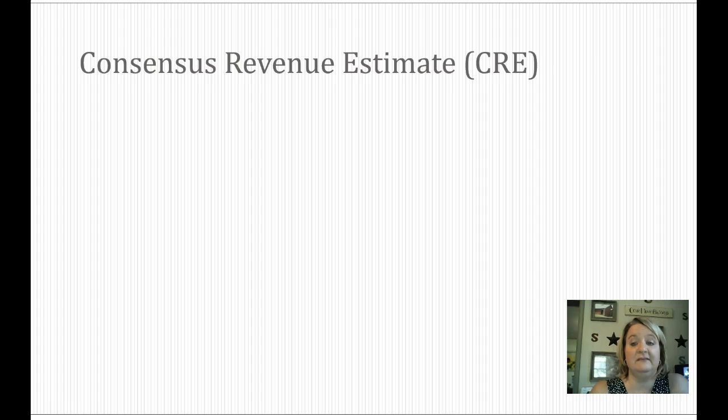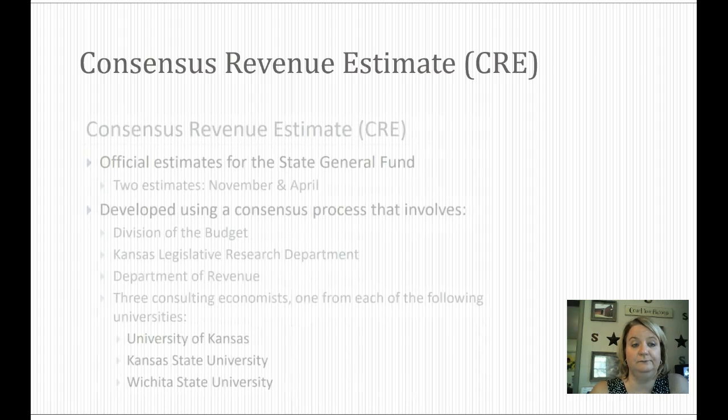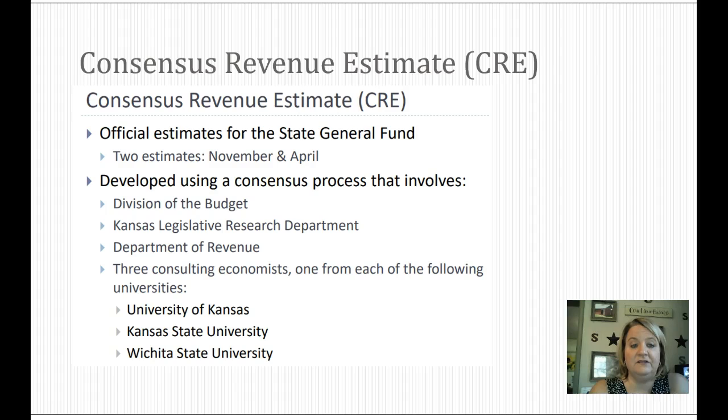Consensus Revenue Estimate, or CRE. This is the official estimates for the State General Fund, and 2 estimates are given to the general state population, to the news media, to the citizens of the state of Kansas.